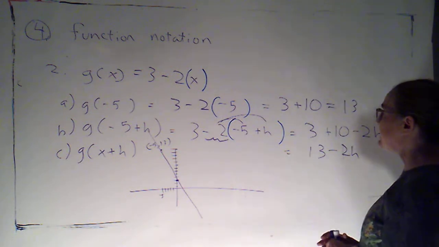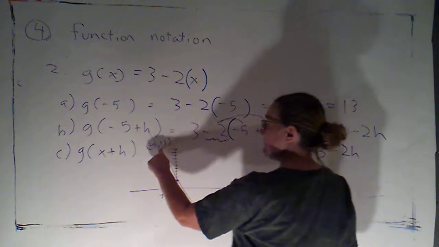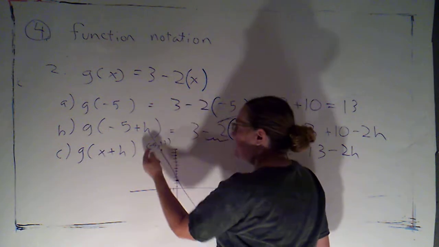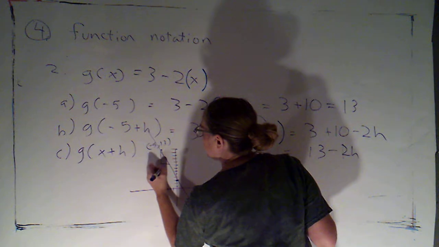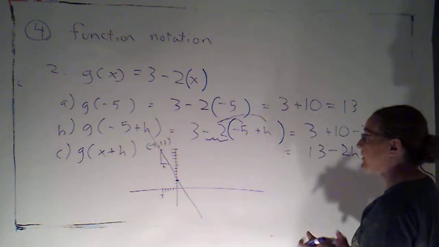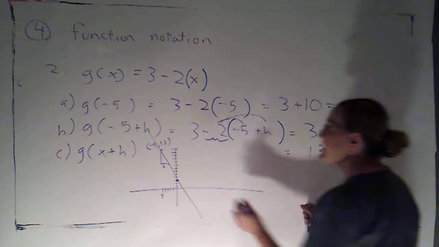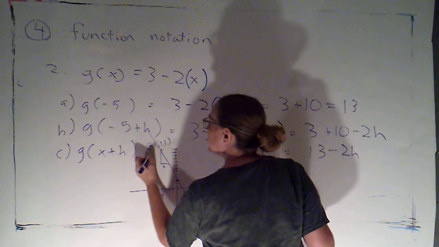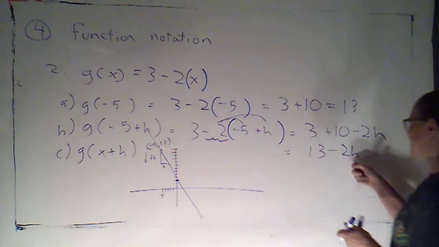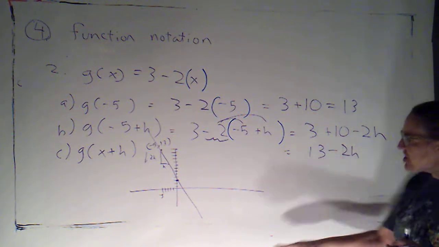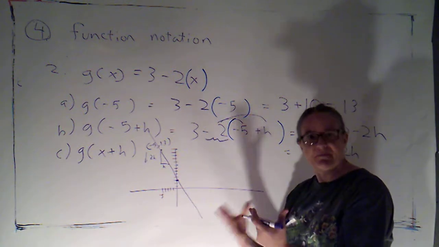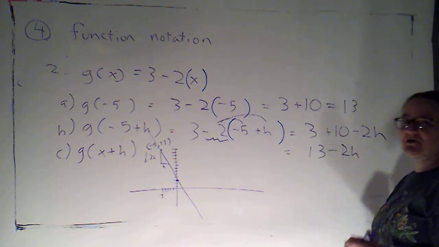And what that's telling us is, well, at -5 we were at 13. If h is a positive number, and I were to go h units away horizontally, I would be going down 2h units from 13. So it's telling me, if I change my input just a little bit from -5, what does it do to the output?